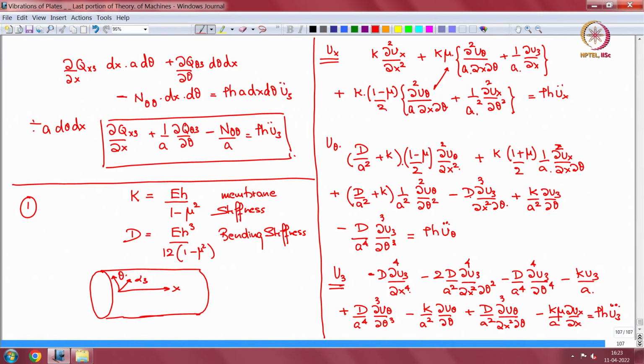Okay. So, these are the 3 equations of motion for the shell.